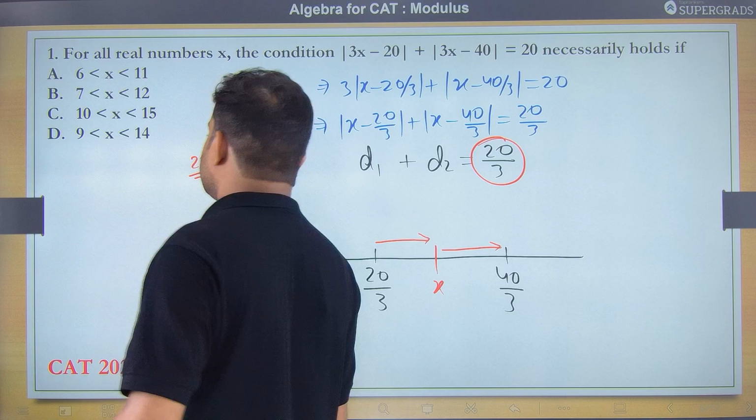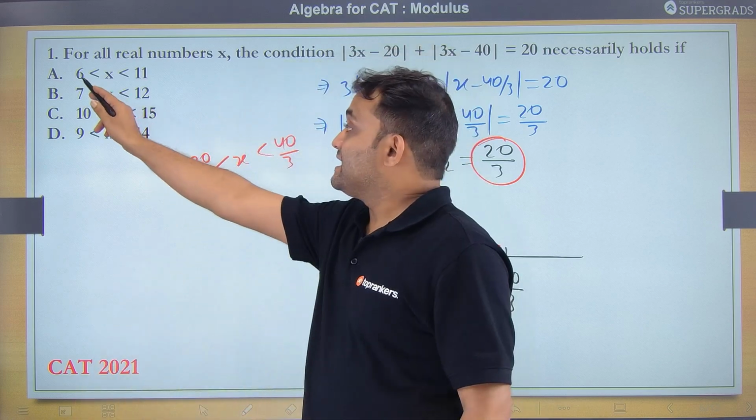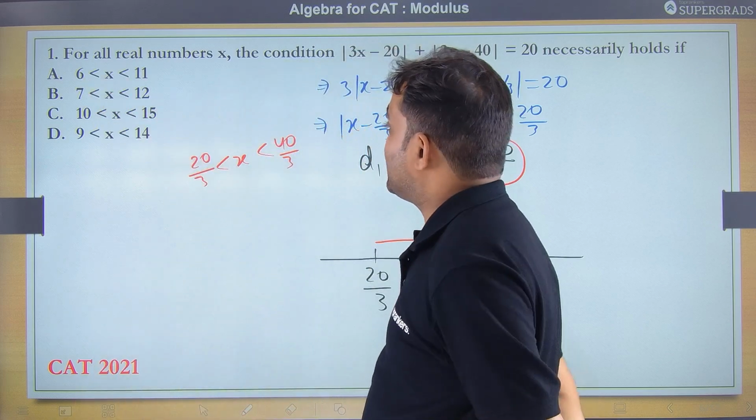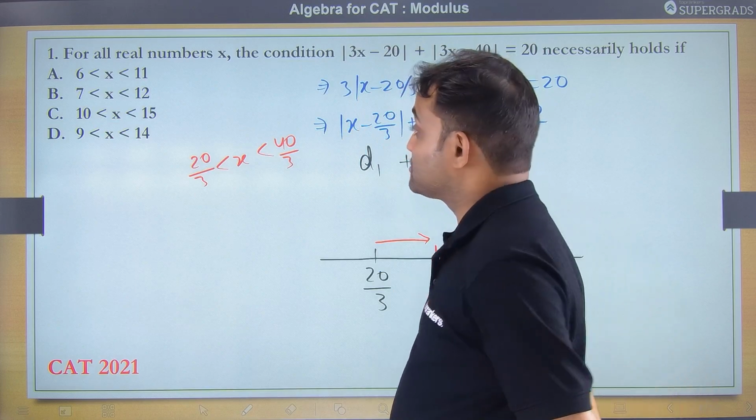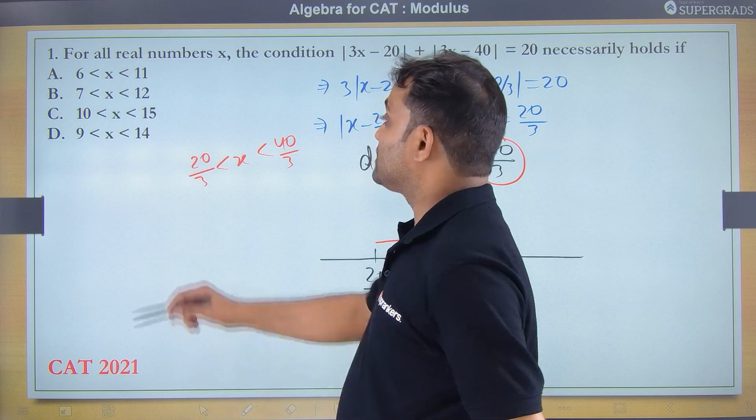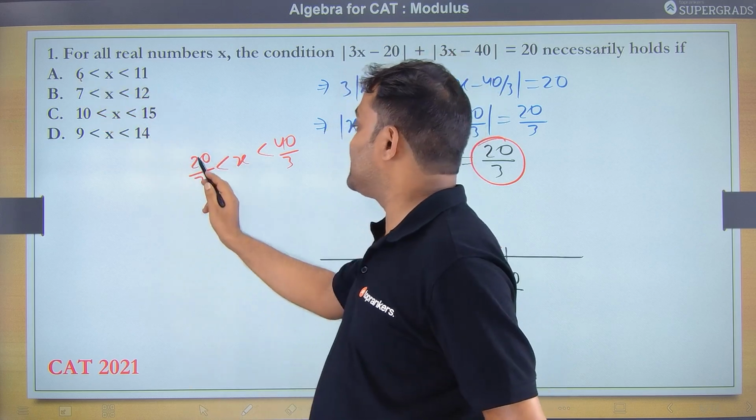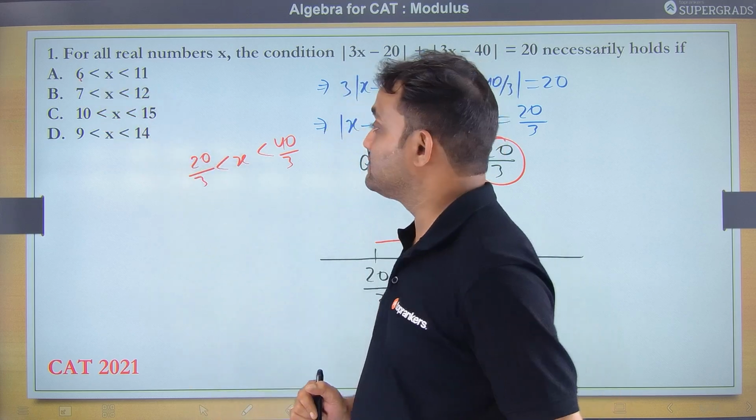Now check the options. A is x between 6 to 11. That is not entirely true because all the values of x which are between 6 and 20 by 3 are not applicable here.